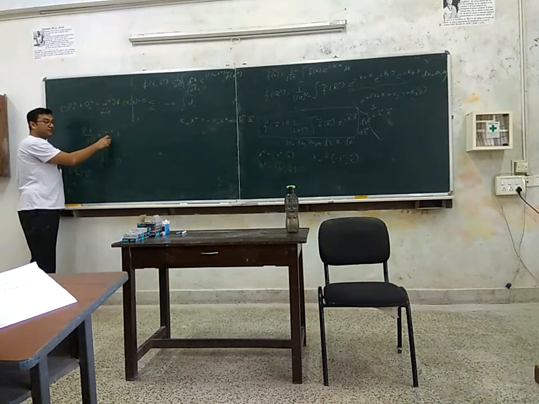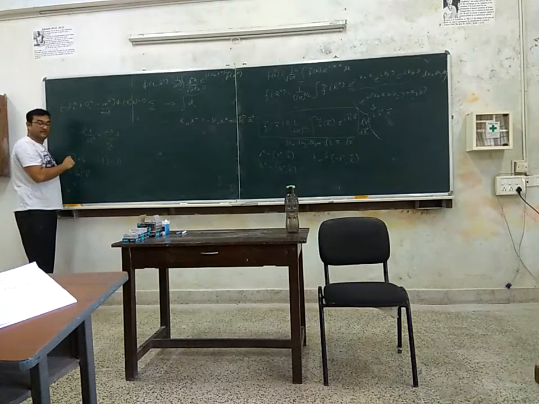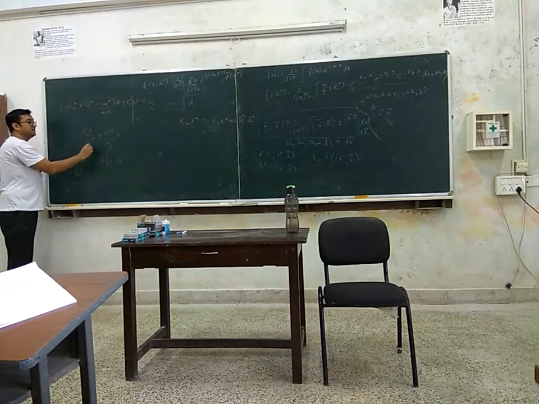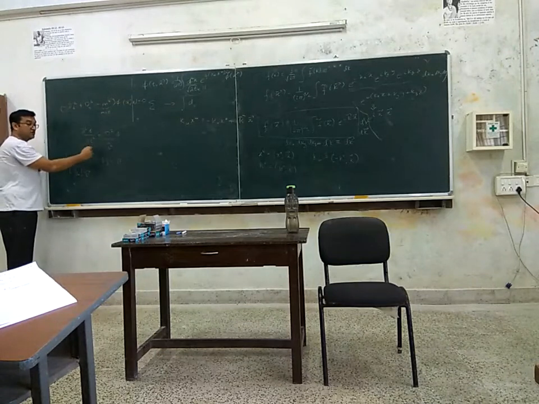Del squared has dimension 1 by L squared, while this has dimension 1 by t squared. They're not the same.